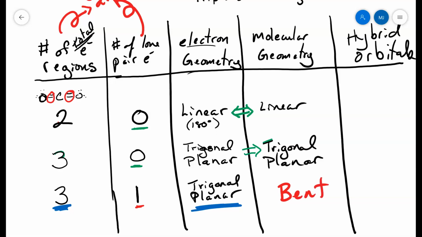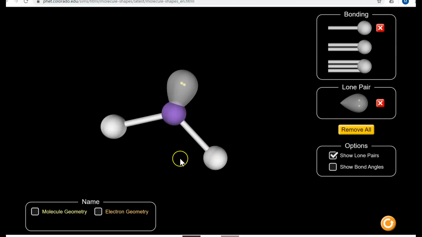Now the trigonal planar, I forgot to put in that it's 120 degrees, right? So hopefully you can see that makes sense. We still have our trigonal planar electron geometry, but our molecule is bent.